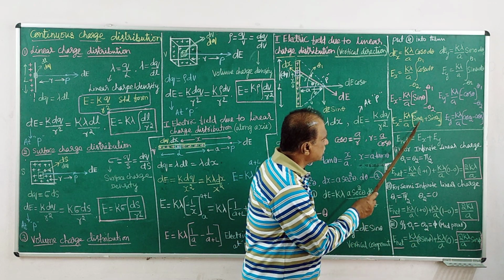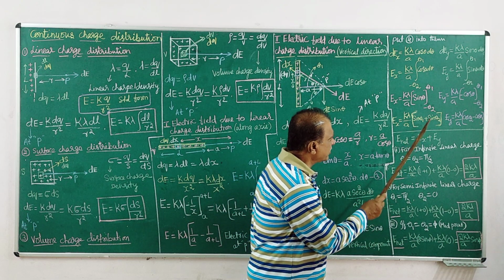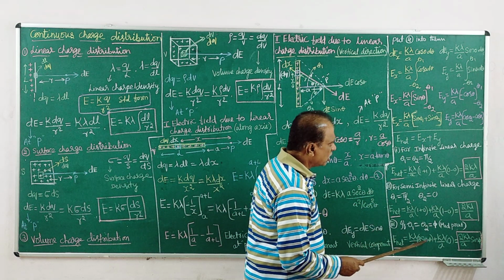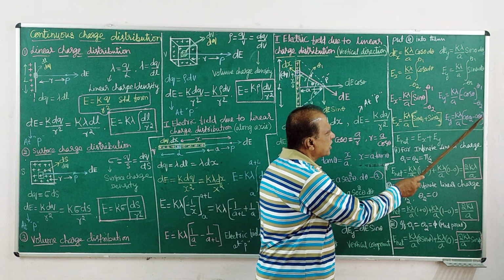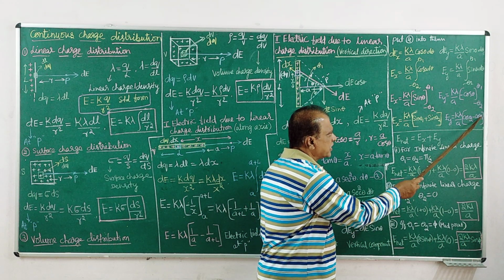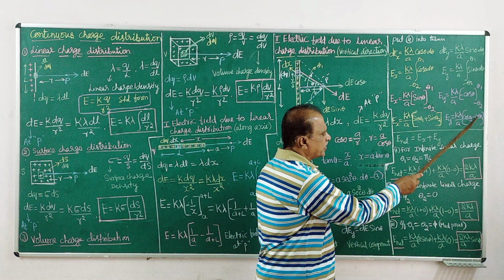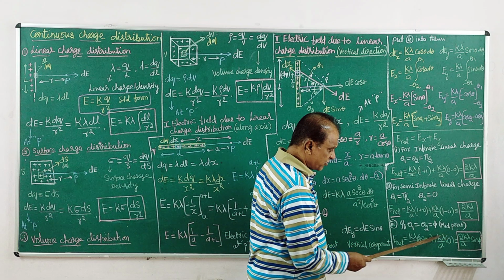It is sin pi plus sin pi, that is 2 sin pi. And cos pi minus cos pi is 0, so that term becomes 0.